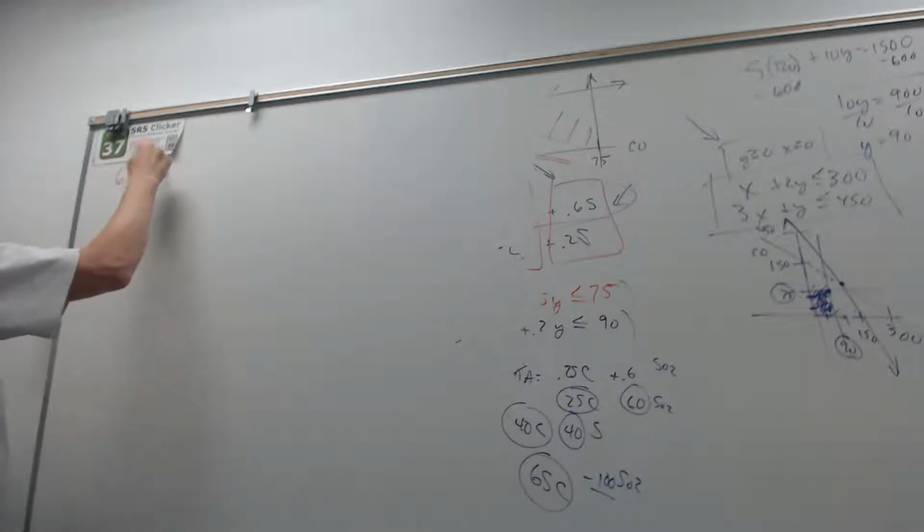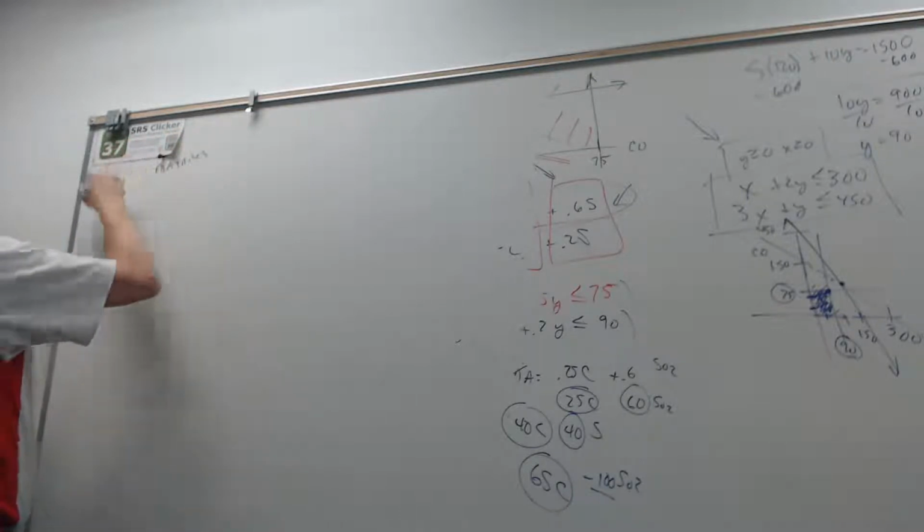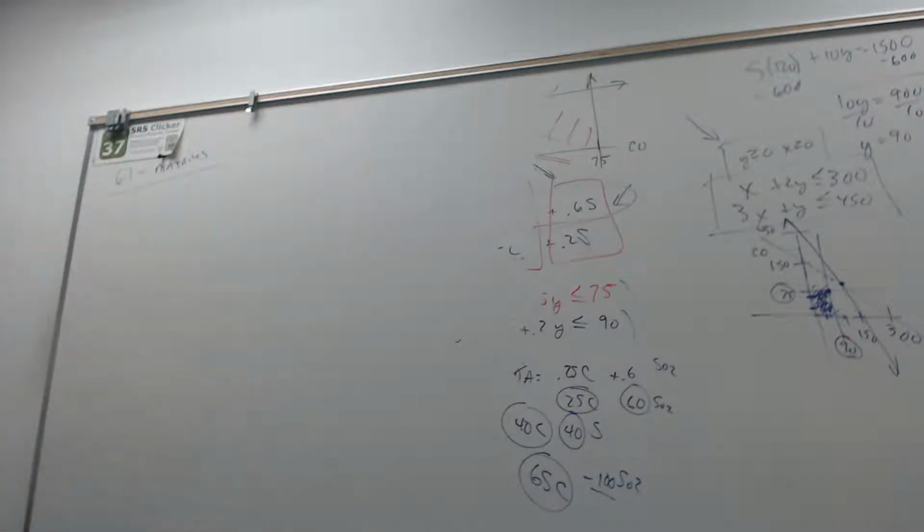6.1, which is matrices. Now, here's the funny thing about matrices. Two funny things. Number one, some of you are going to hate them and some of you are going to love them. And it's really hard to predict. Number two, you can take an entire class called linear algebra, and all it is matrices.